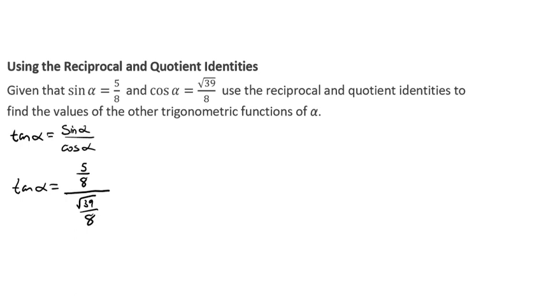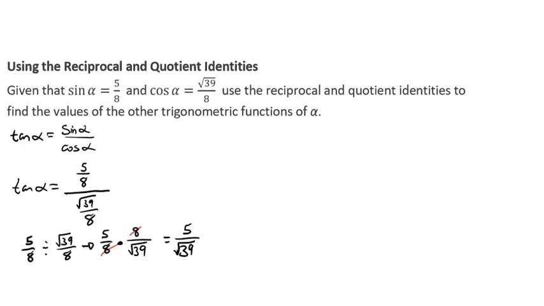We're going to divide 5 over 8 by square root of 39 over 8, which gives us 5 over 8 times the reciprocal, so 8 over radical 39. Our 8s are going to cancel out, and that's going to give us 5 over the square root of 39.